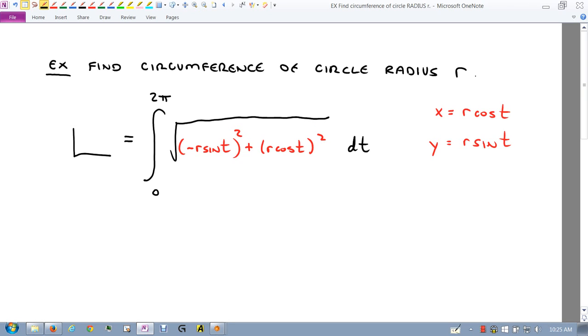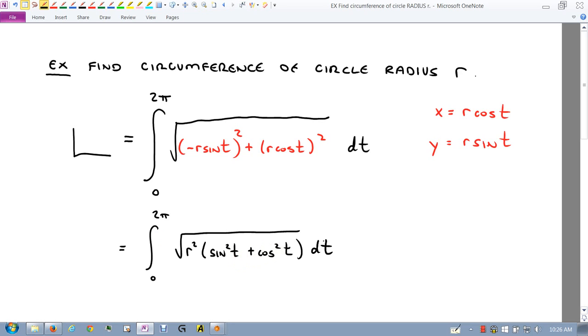And this is really, really nice, right? What happens here? This is r squared sine squared t plus cosine squared t. You square both of these, the negative goes away, so you get r squared sine squared t, r squared cosine squared t. You factor r squared out of both of them, and sine squared t plus cosine squared t is 1, isn't it?